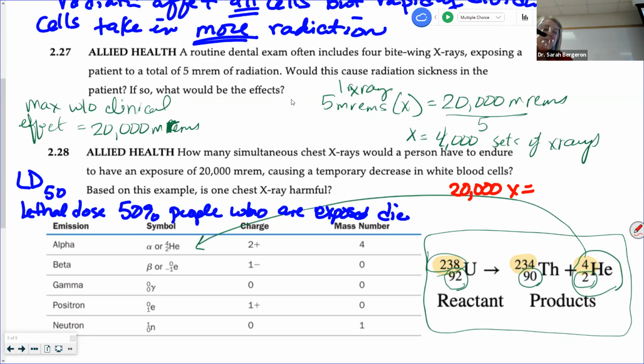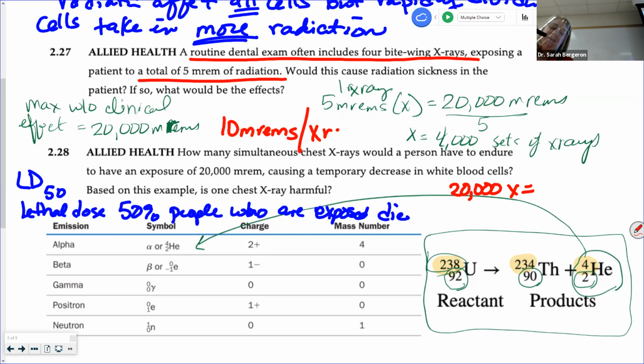What piece of information are we missing? How much radiation you would get in a chest X-ray, right? If you looked in the previous one, a dental exam is X-rays exposing you to 5 millirems. That's a smaller area. A chest X-ray is a bigger area. So a chest X-ray is about 10 millirems per X-ray.